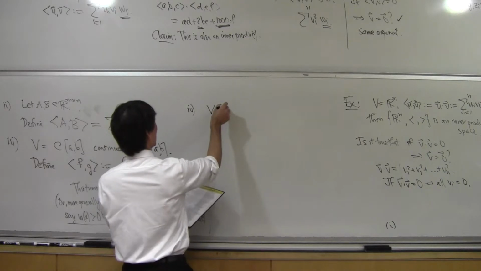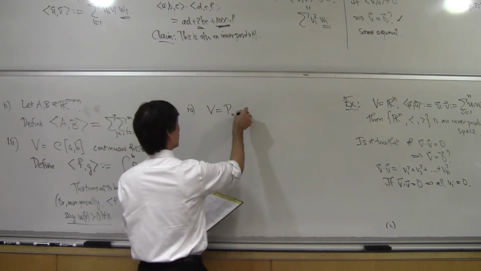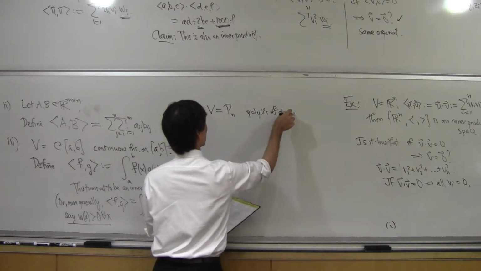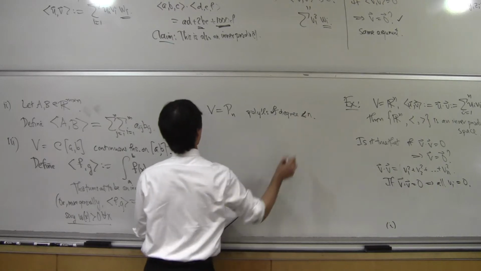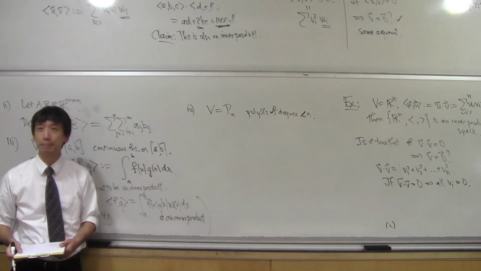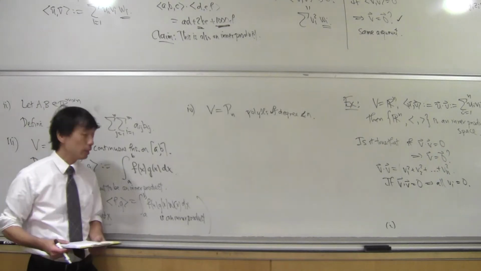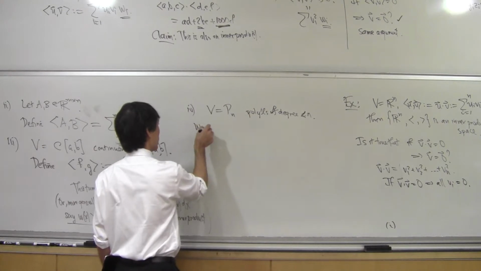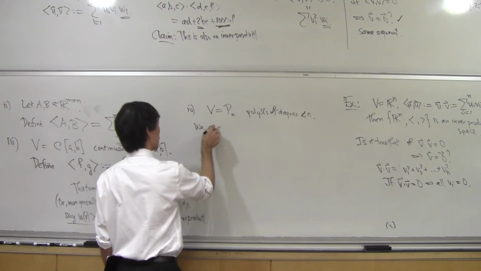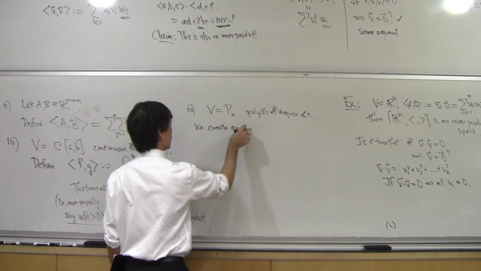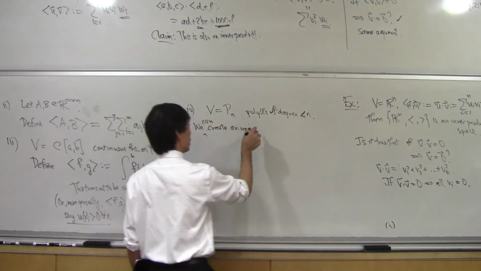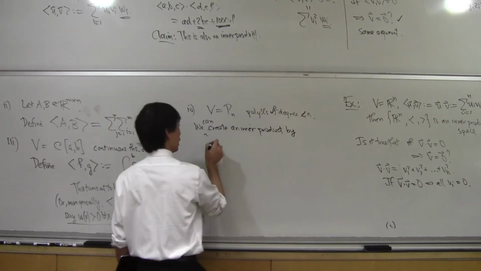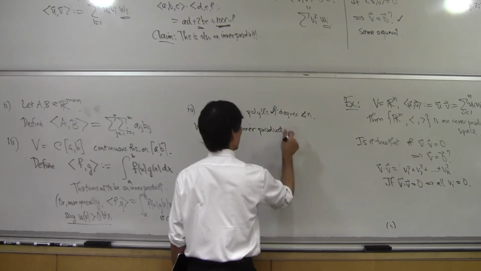Let V be Pn. Remember, the polynomials of degree less than n. Okay, so we're going to do something funny. We can create an inner product as follows.